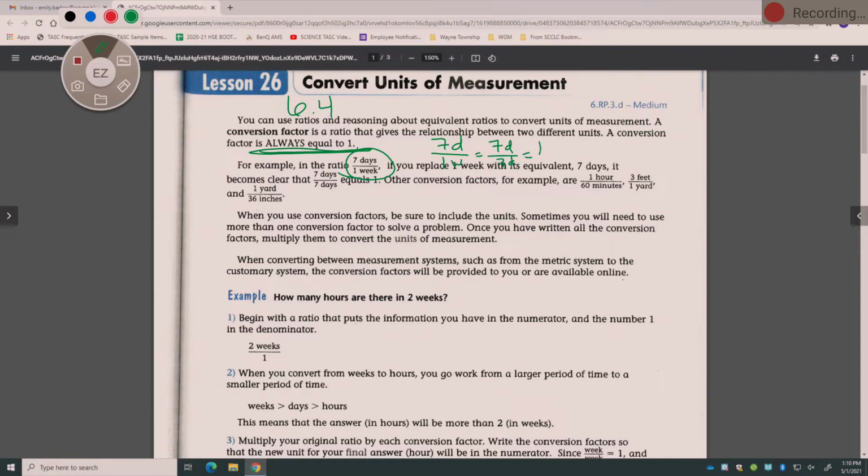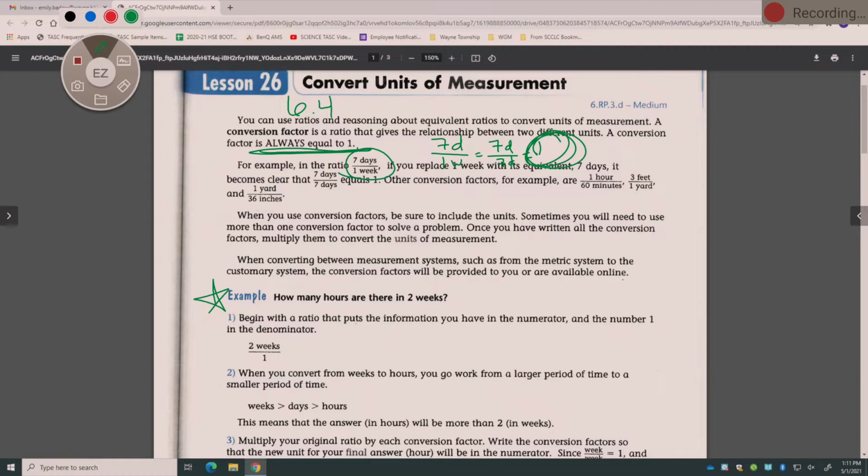So that's 1. So every time I do a conversion where I've got one type of thing on the top of the line and the other type of thing on the bottom, it always still needs to equal 1.